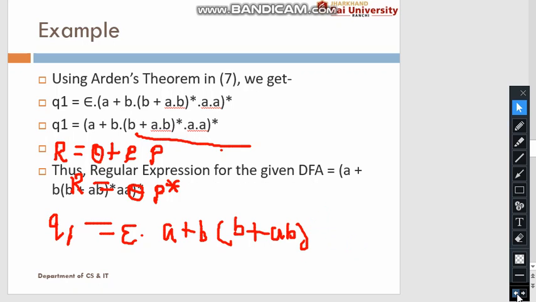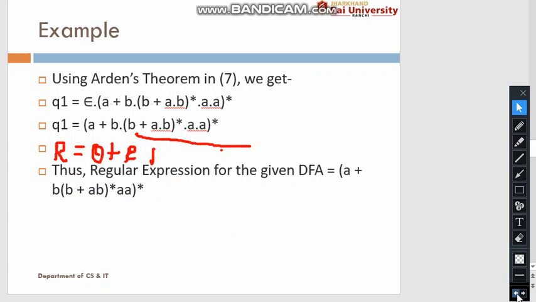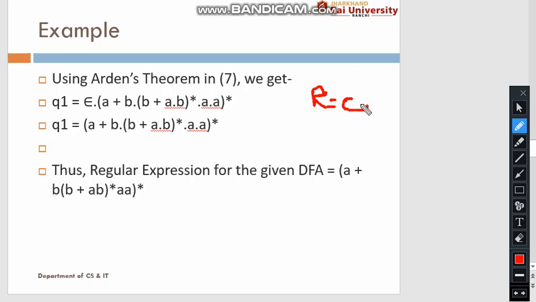Let me clear the screen. So here in the equation q1, we have written the equation in the form of R equal to Q into P to the power clean closure, and the equation can be written as epsilon into (a plus b into (b plus ab) whole to the power clean closure aa) to the power clean closure.